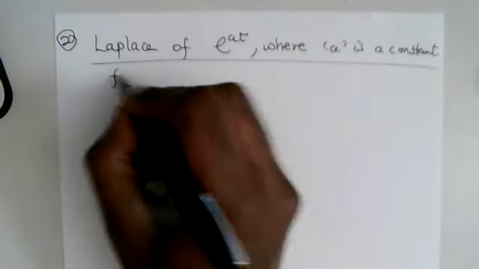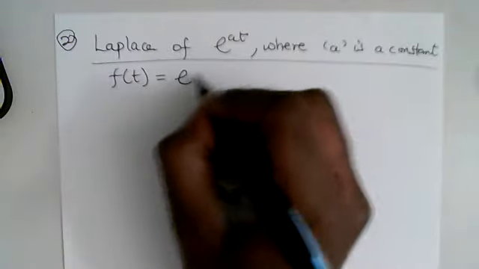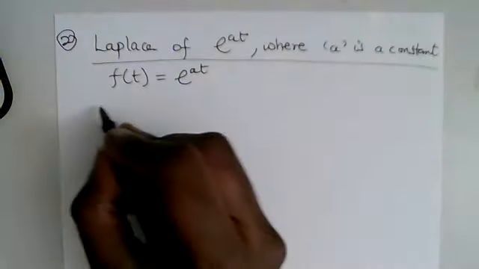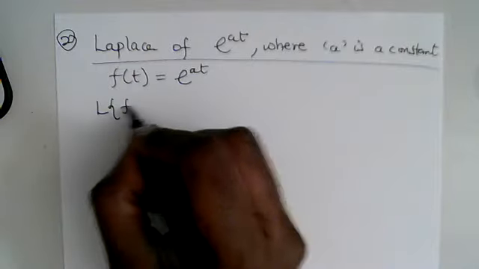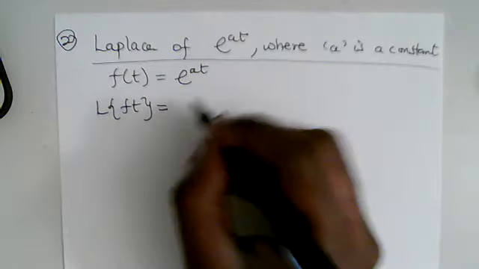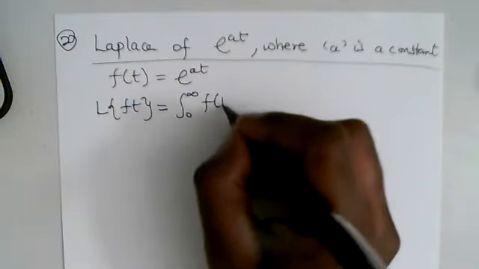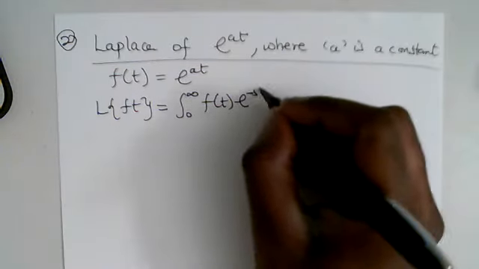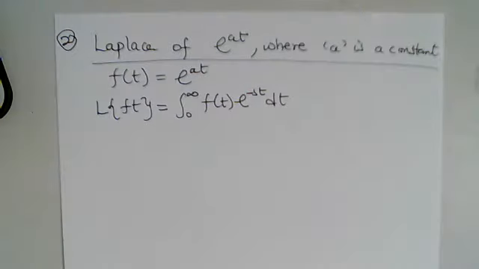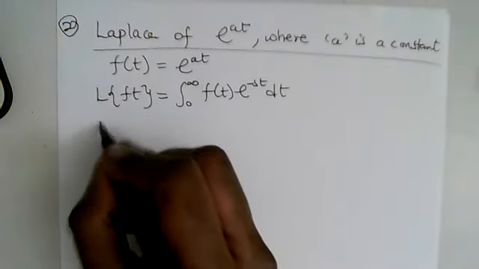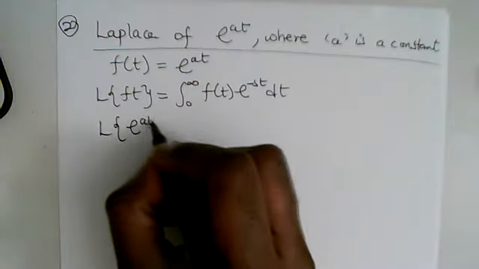So right here, our function f of t is e to the power at. Just like we did, we put down our definition for Laplace, giving us the integral running from 0 to infinity of f of t, e to the power minus st dt. All that we do is in place of f of t, we put e to the power at. So we have the Laplace of e to the power at.